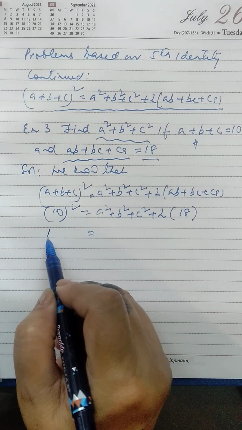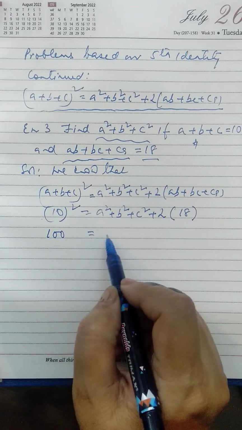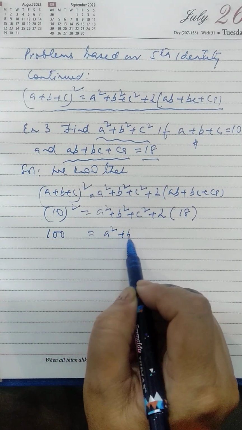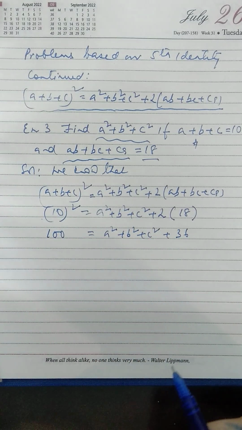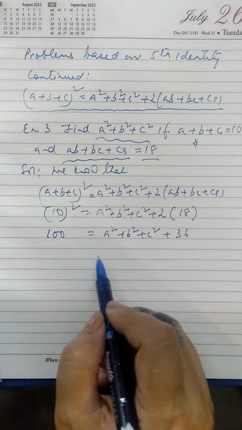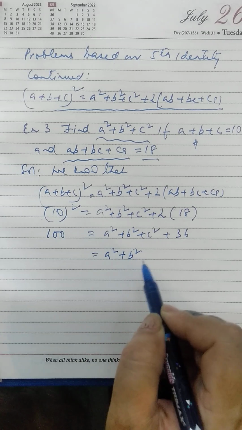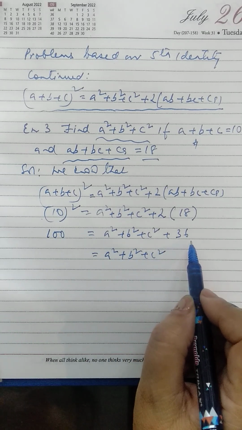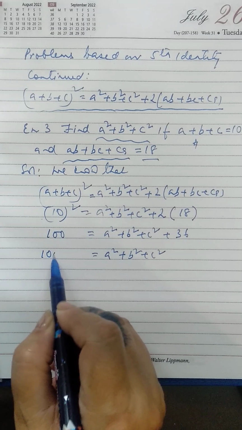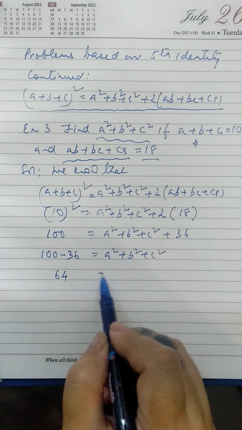So we have 100 here on multiplying 10 with 10 itself, and a² + b² + c², and here we have 36, as 18 2s are 36. So a² + b² + c², you bring them down, but plus 36 will go to the other side as minus, and therefore we get 64 here.